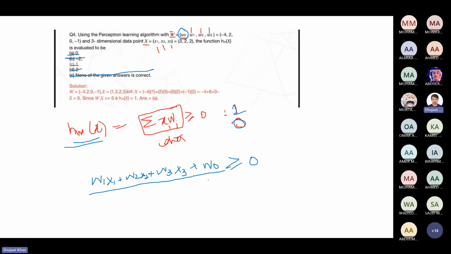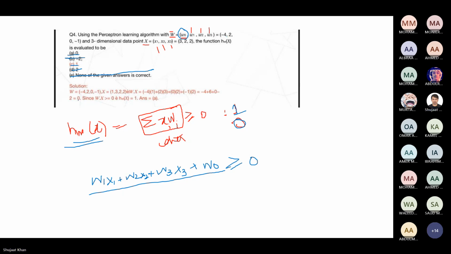Now perform the calculation and see what the outcome is. So W1 is 2, 2 multiplied by 3 is 6, 0 multiplied by 2 is 0, minus 1 multiplied by 2 is minus 2. So minus 2 and 6, and then subtracting the minus 4.